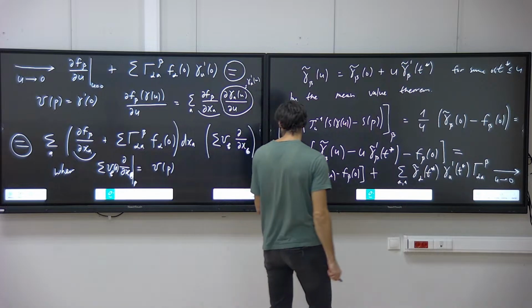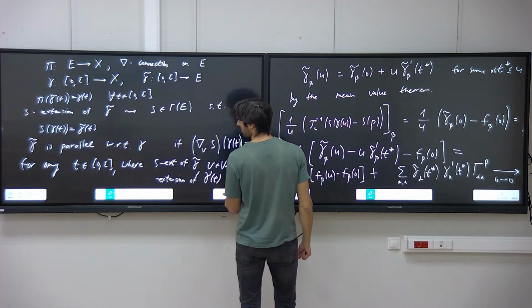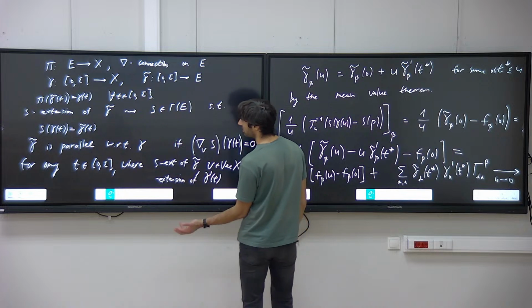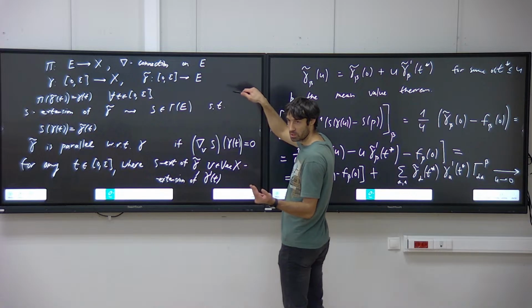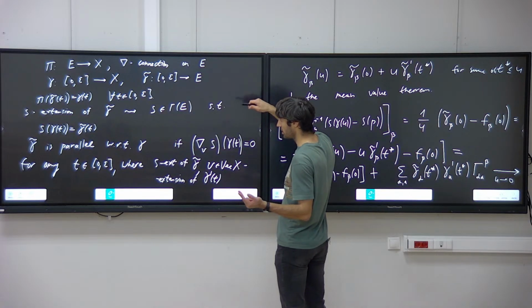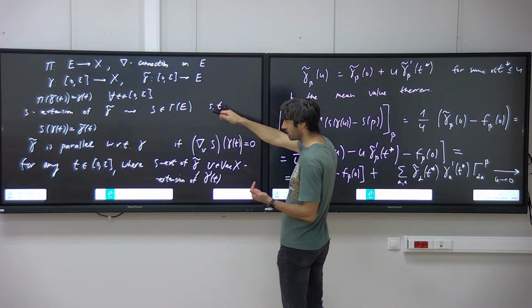Okay, it was just a recall. We have gamma in the base, and gamma tilde, which is in the total space. One is a lift of the other, S is an extension of gamma.